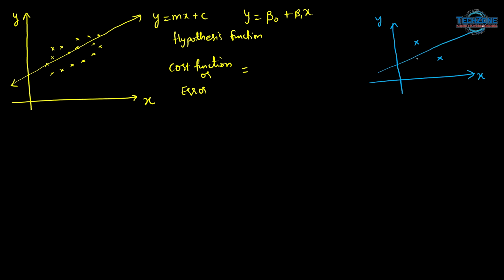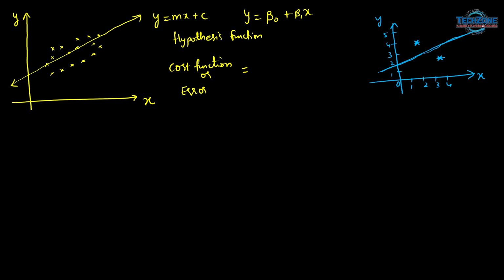Now what is error or what is residual? See, if these are the values of x 1, 2, 3, 4 and these are the values of y 1, 2, 3, 4, 5 and so on, these points are our actual values, but our model has predicted that this should be the line, isn't it?